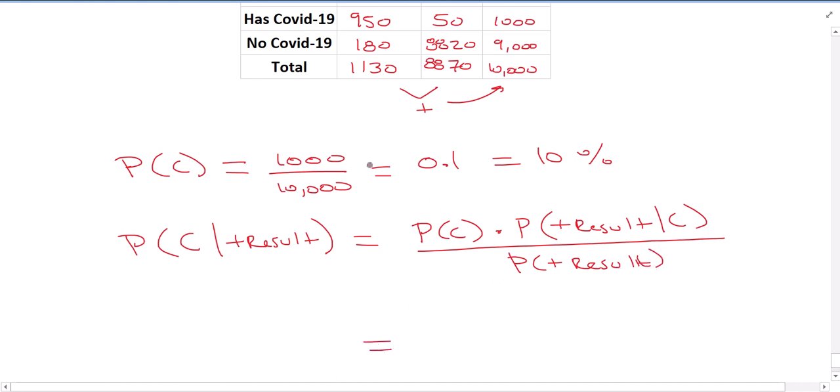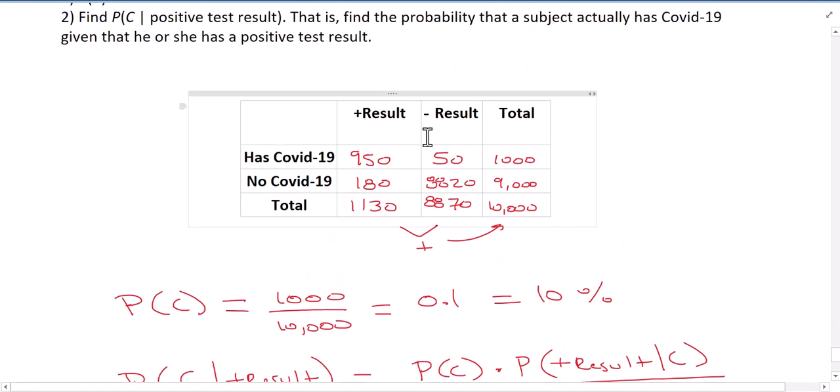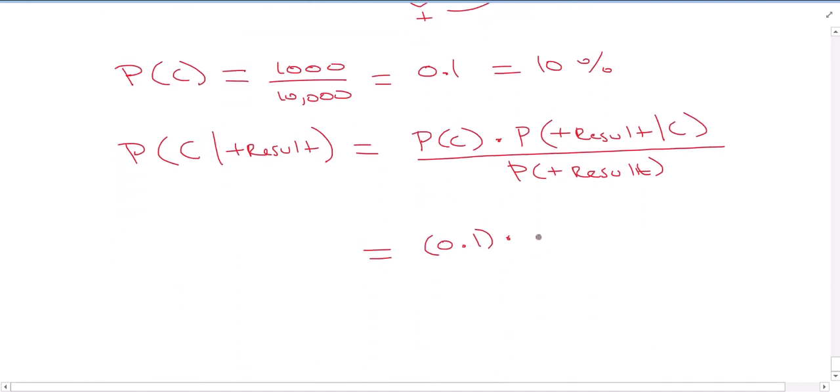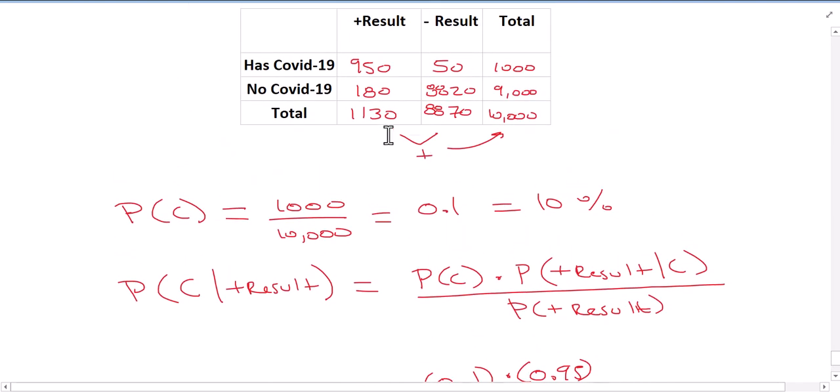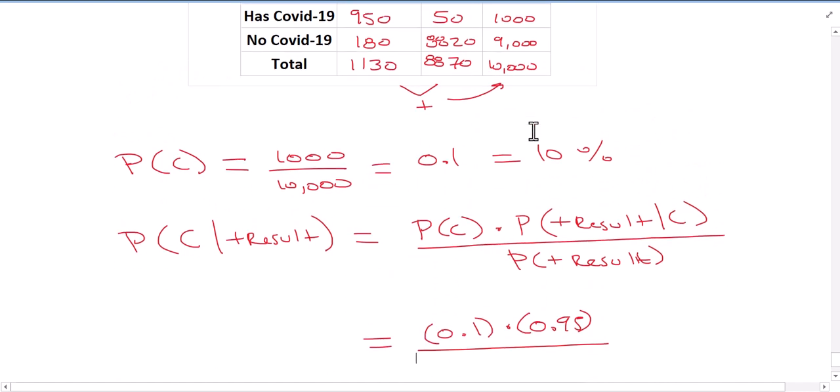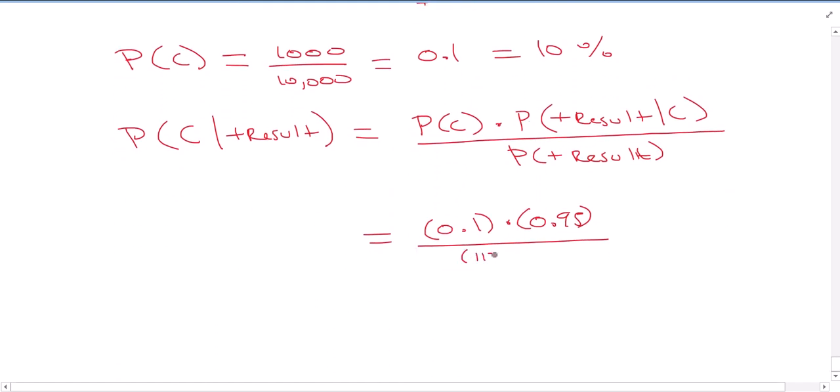So I know the probability of having COVID is 0.1, 10%, times the probability of a positive result given COVID, which is 95%, 950 divided by 1,000, so 0.95, divided by the probability of getting a positive result, which is 1130 out of 10,000. And this will give us our probability.